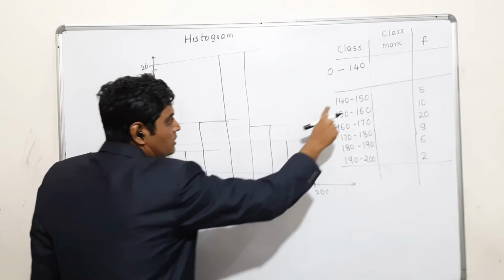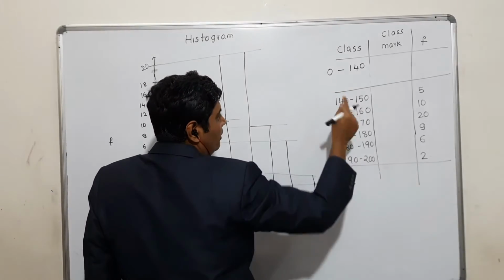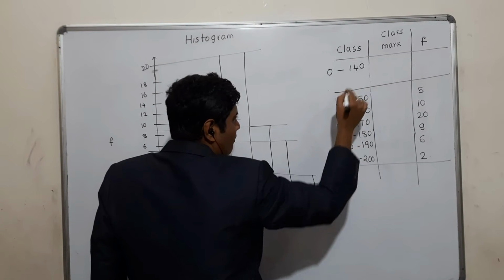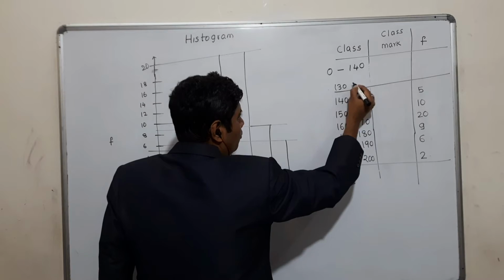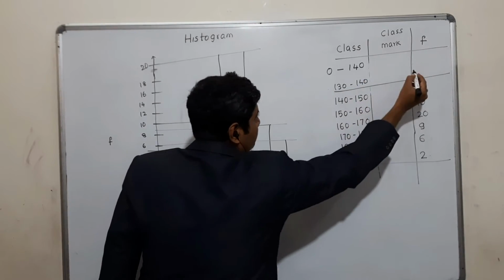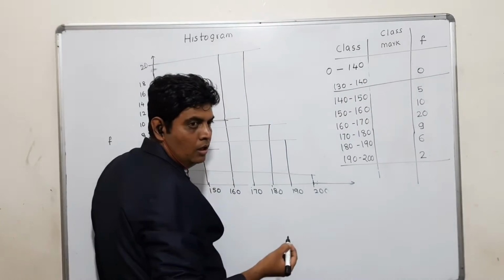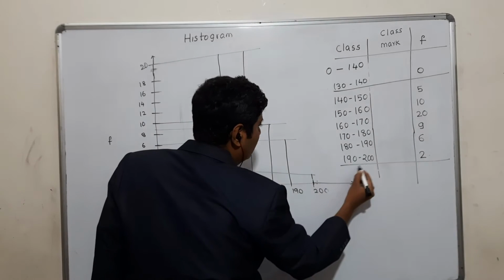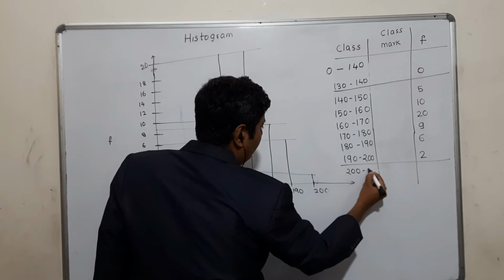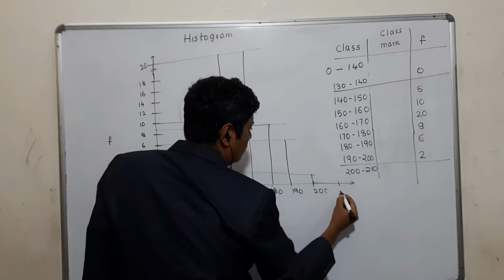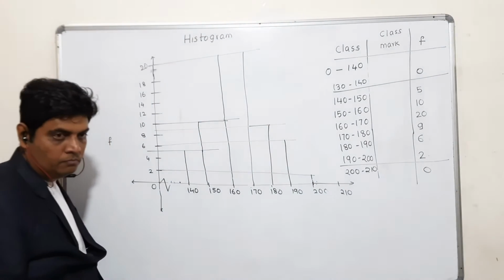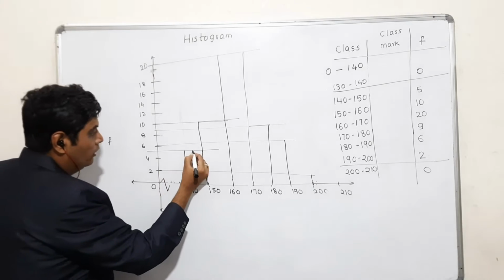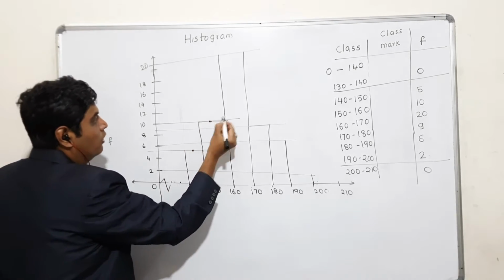First, this is 140 to 150. Before this, you take one more class. What will be the class before this? It will be 130 to 140, and this frequency will be 0. And next, 200 to 210, and again that frequency will be 0. Now you draw the midpoints of all the bars.